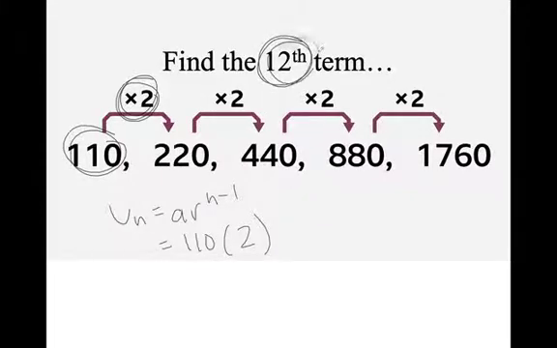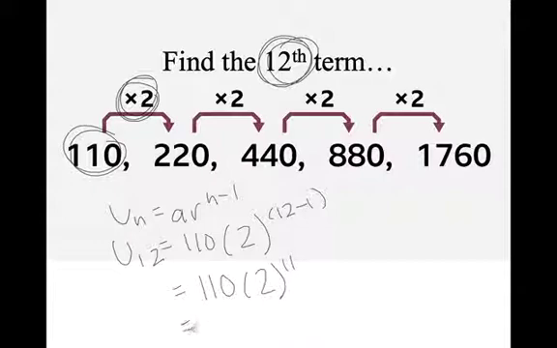And if I'm asked to find the 12th term, that's u12, I know my power is going to be 12 take away 1. So this becomes equal to 110 times 2 to the 11. I plug that into my calculator, and it's 225,280.